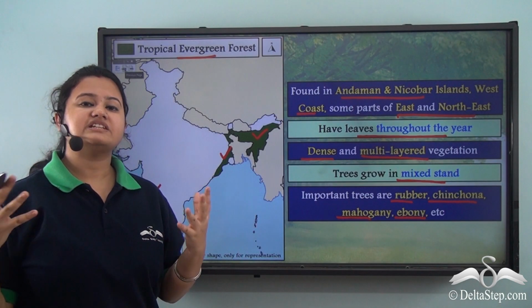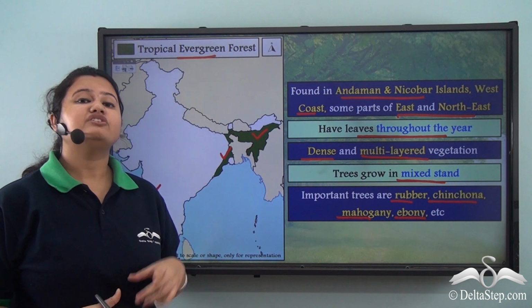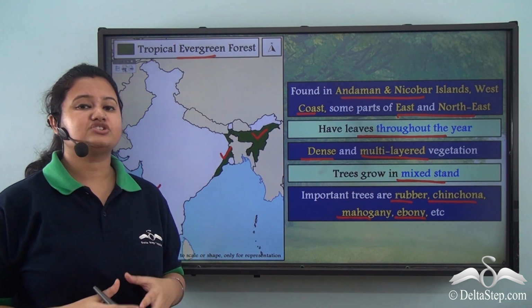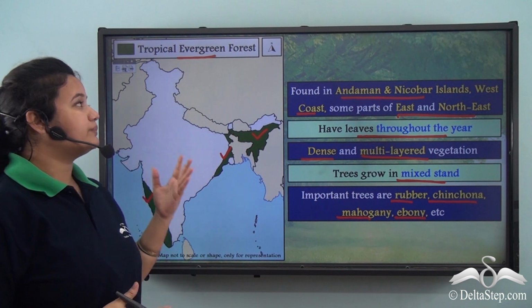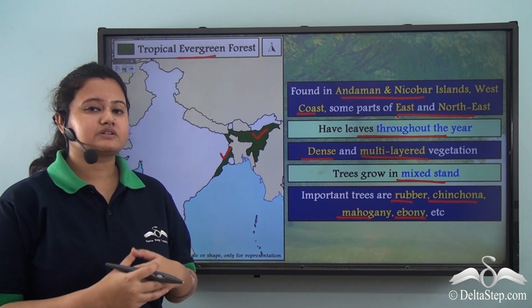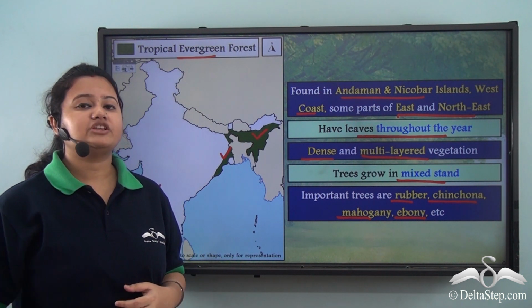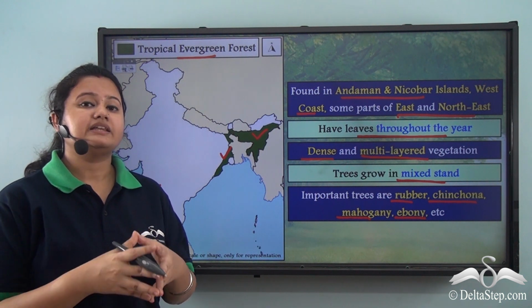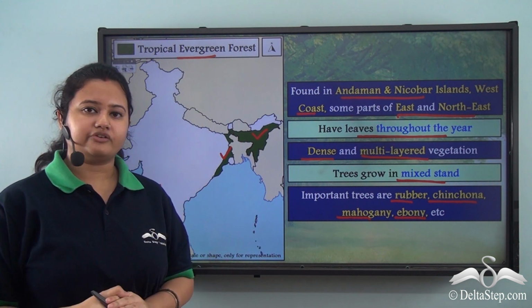So now that we have discussed in detail the first type of natural vegetation of India, that is the tropical evergreen forest, we shall now discuss another type of natural vegetation found in India, that is the tropical deciduous forest.